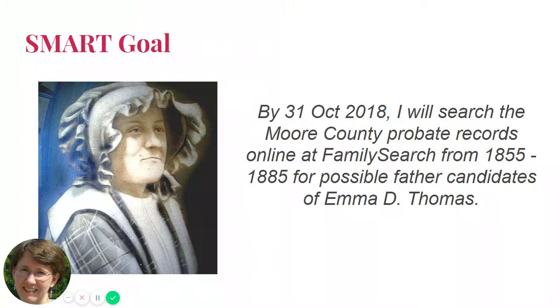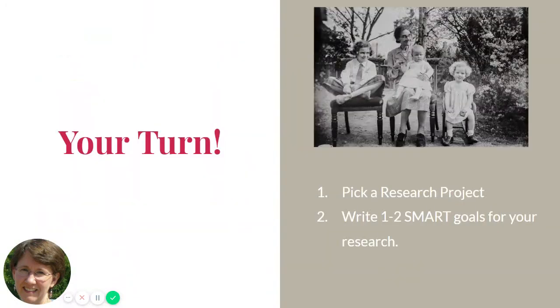It was all part of a process in that overall Thomas family research, but this was a very important piece because without determining her father, this line will never progress back. Okay, so now it's your turn. I want you to pick a research project that you've been working on, and I want you to write 1 or 2 SMART goals for your research project.